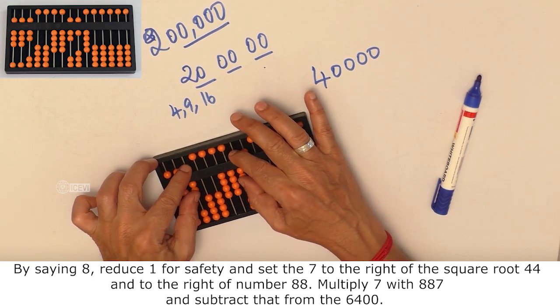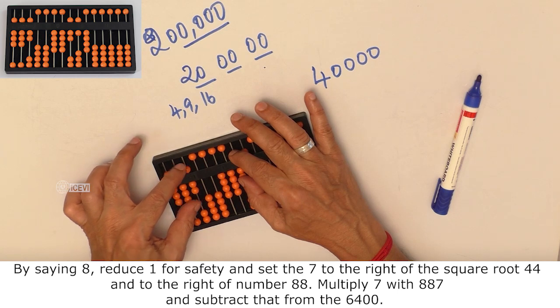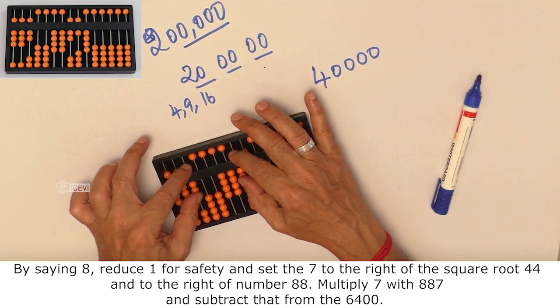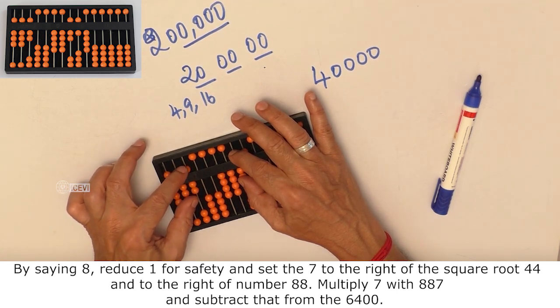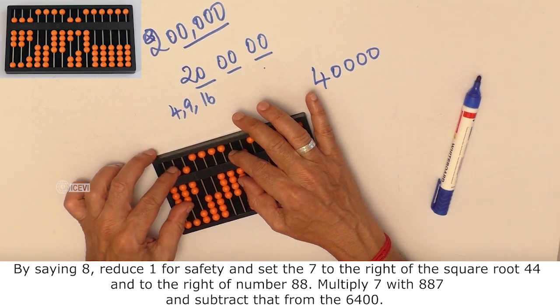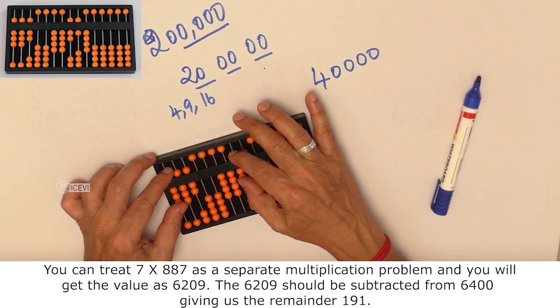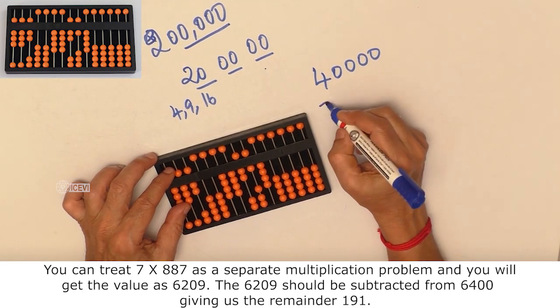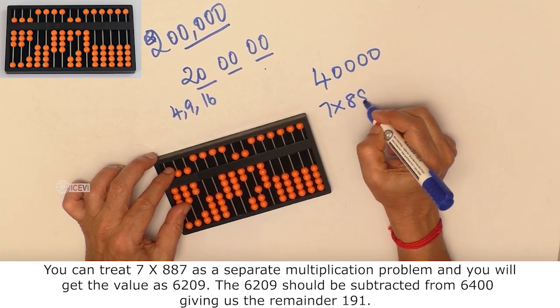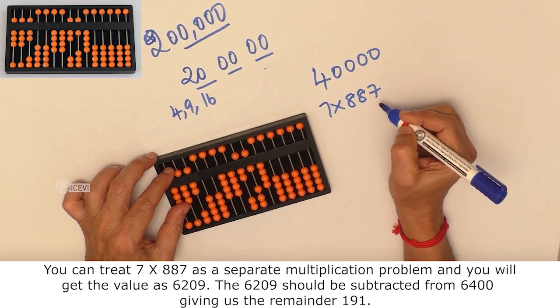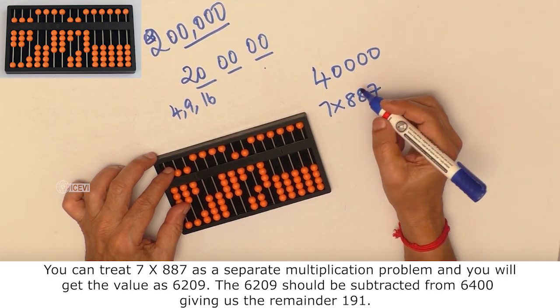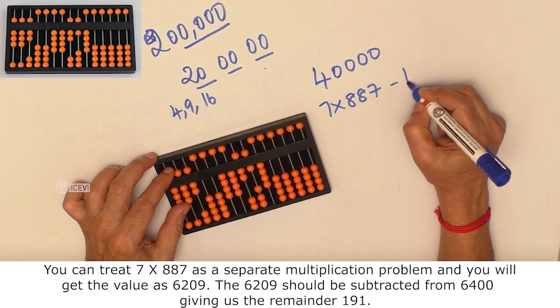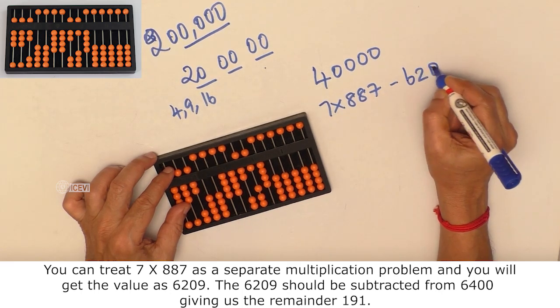Now 7 should be multiplied with 887 and that should be subtracted from 6400. You can treat 7 multiplied by 887 as a separate multiplication problem and you will get the value as 6209.